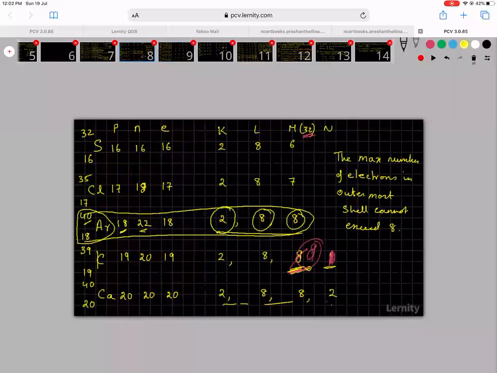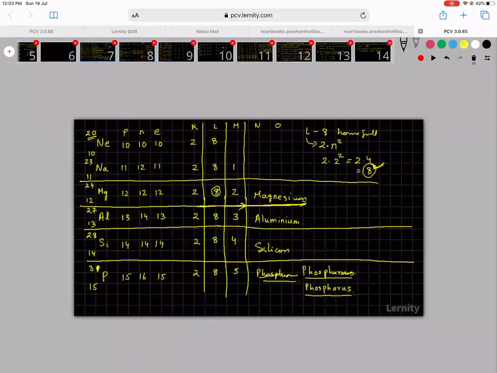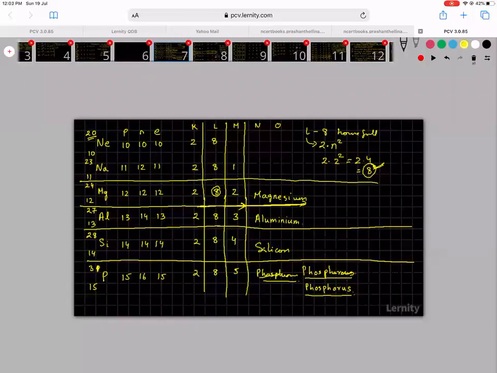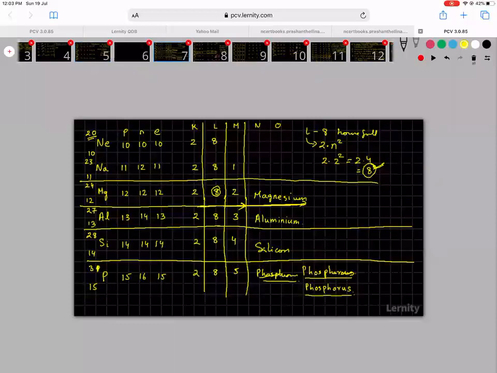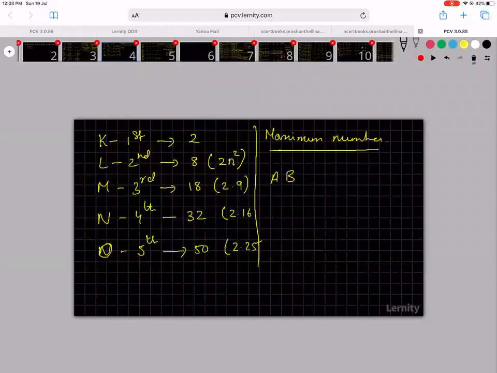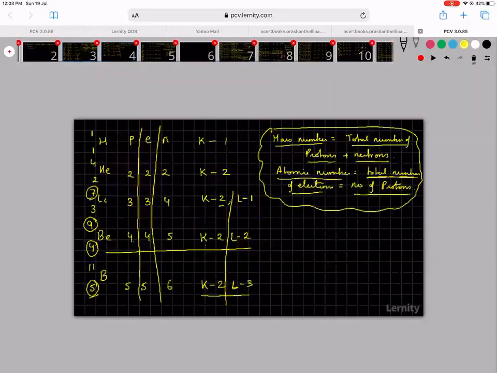Then coming back, none of them are stable because they don't have 8 electrons either. Now none of these are stable. After fluorine, yes, neon 2, 8 full, so that is stable. Then helium full, so that is stable. So only those which are full are stable, otherwise they are not stable.